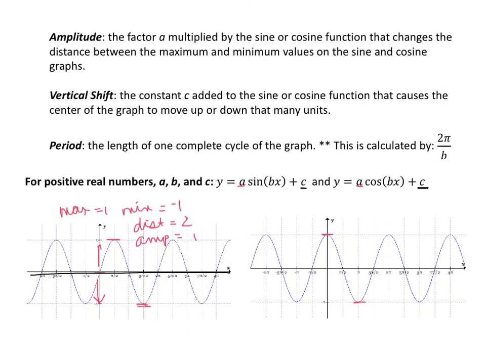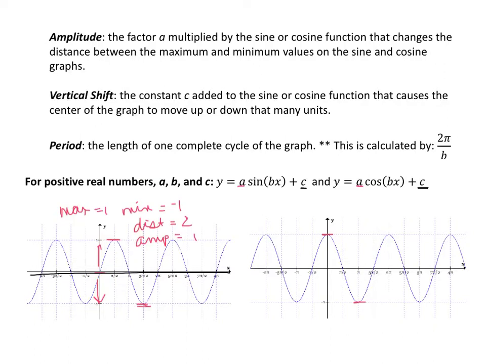So this whole graph can shift upward or downward depending on the constant term that's added. And the way, again, like I said, I like to think about it, particularly on a Ferris wheel problem, is if the center line of the Ferris wheel was moved.